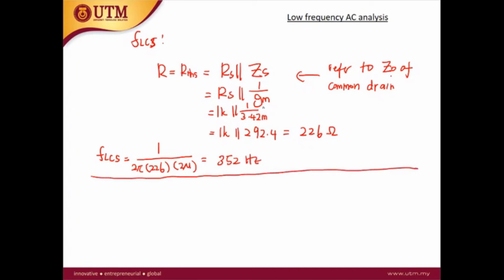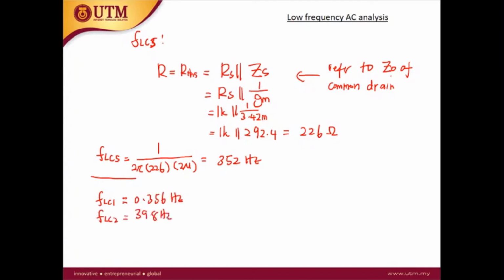After you have calculated all these three possible cutoff frequencies, you can summarize them. FLC1 is equal to 0.356 Hz, FLC2 equal to 39.8 Hz, FLCS is equal to 352 Hz.